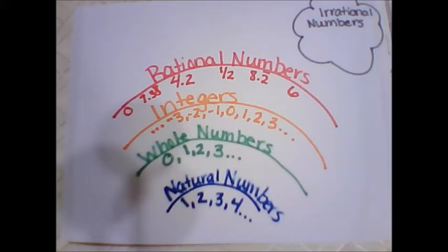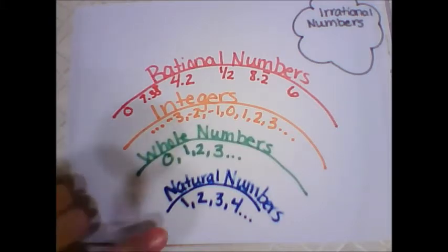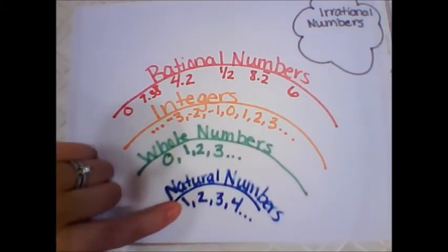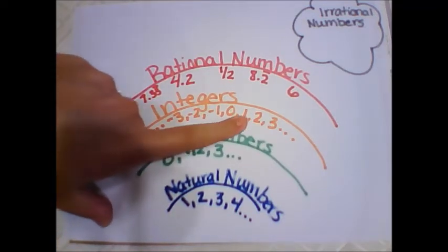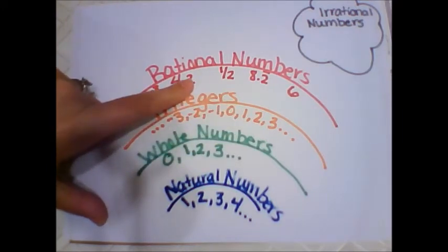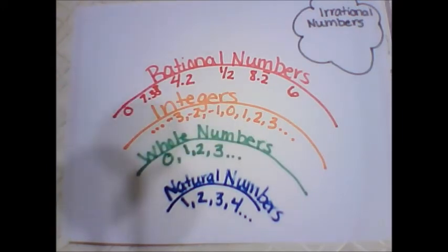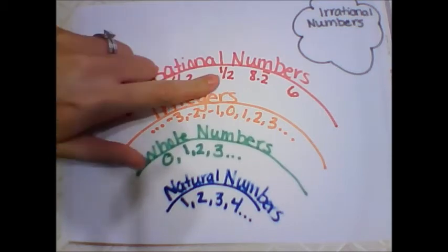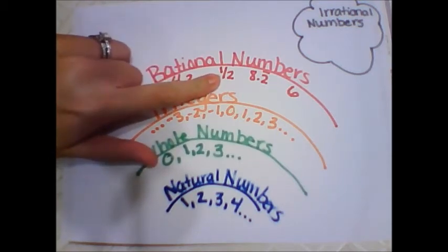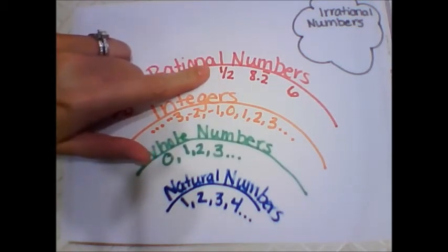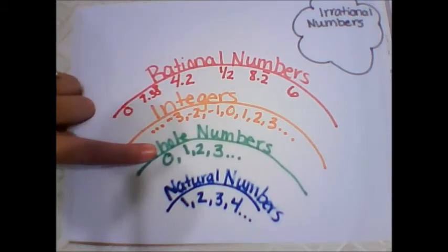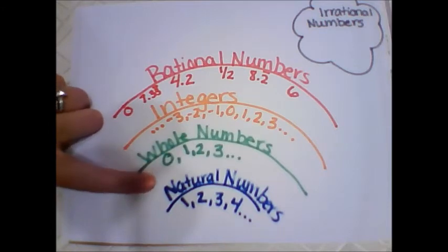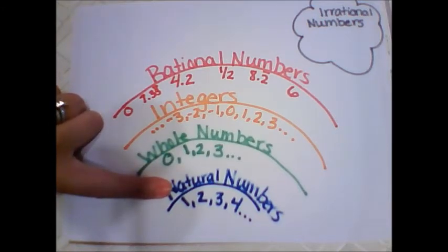So if I were to talk about the number 1, and the number 1 is shown here, of course, the number 1 fits in the set of natural numbers, whole numbers, integers, and rational numbers. However, if we're talking about something like 1/2, it only fits into the set of rational numbers because integers do not include fractions, whole numbers definitely do not include fractions, and natural numbers do not include fractions.